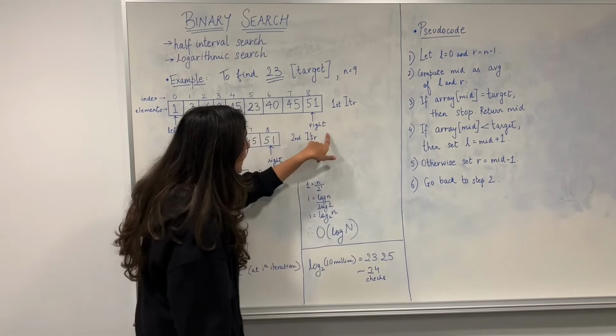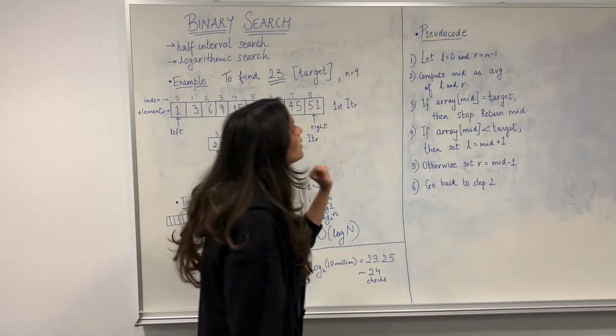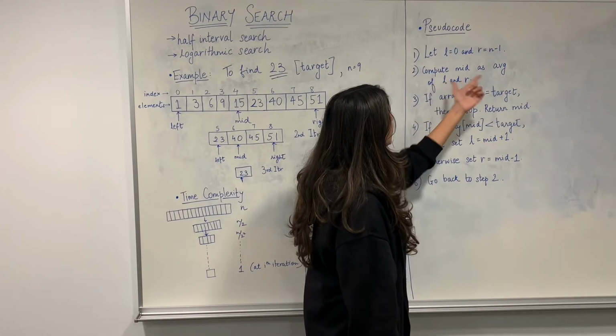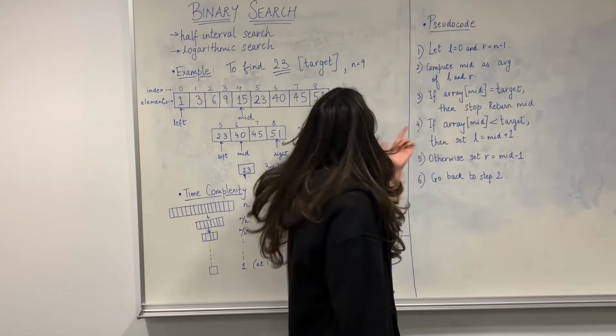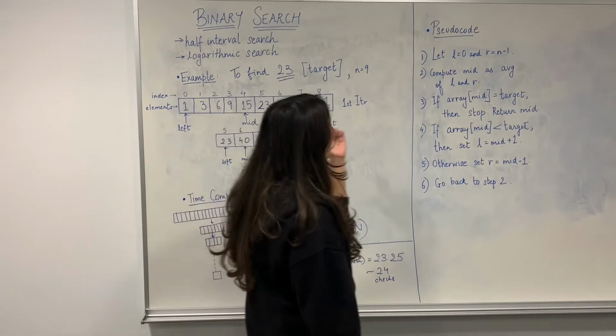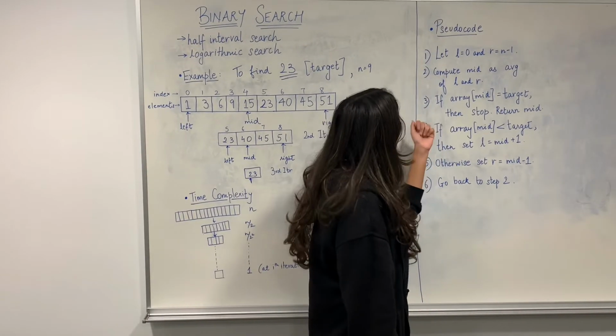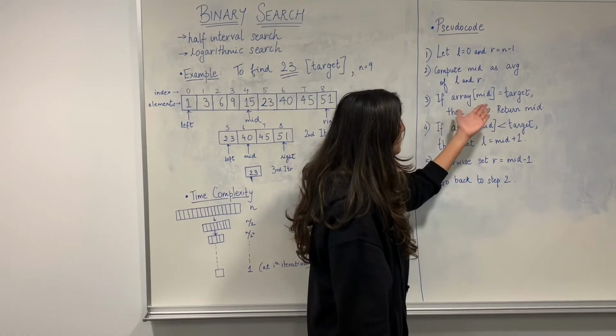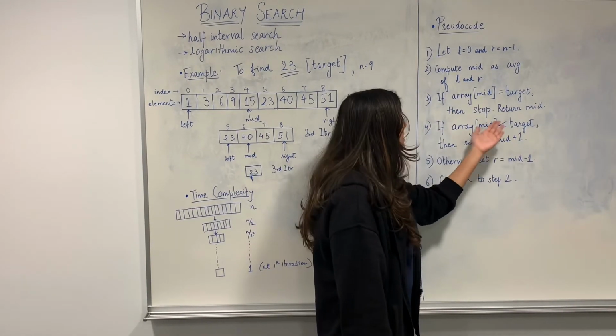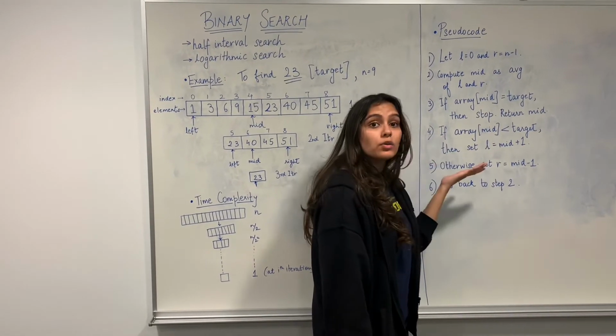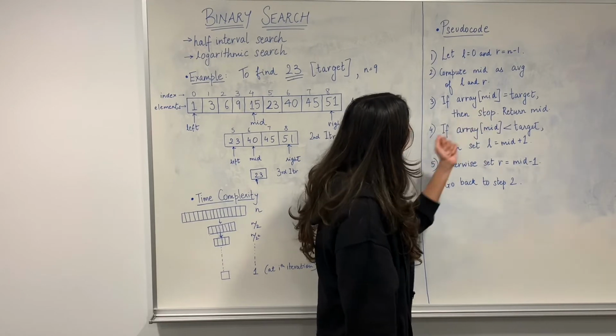So we see that the right pointer was at the 8th index. Then we compute mid as the average of L and R. And then if the mid element of the array is equal to target, we stop since we have found our target, and we return the mid value.